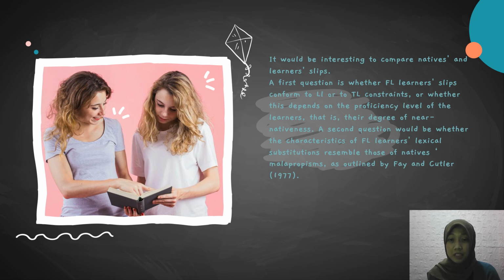A first question is whether FL learners' slips conform to Language 1 or to TL constraints, or whether this depends on the proficiency level of the learners, that is, their degree of near nativeness. A second question would be whether the characteristics of FL learners' lexical substitutions resemble those of natives' malapropisms as outlined by Fay and Cutler.